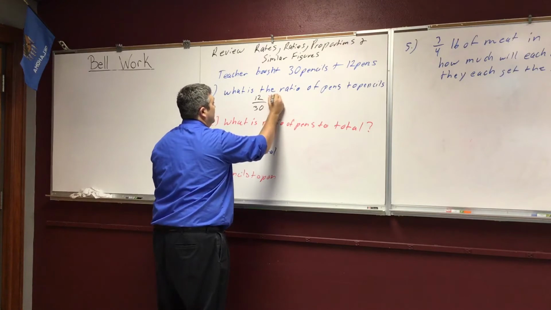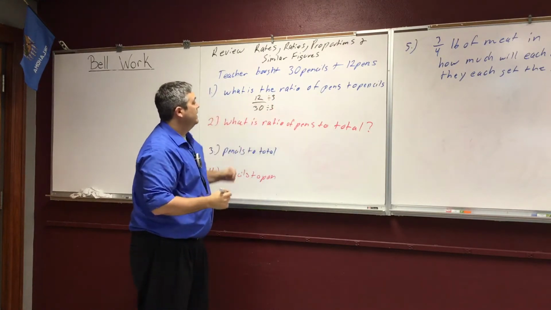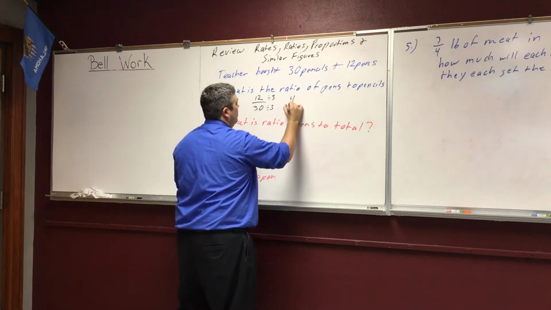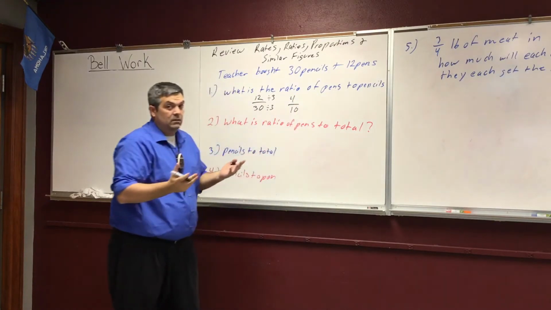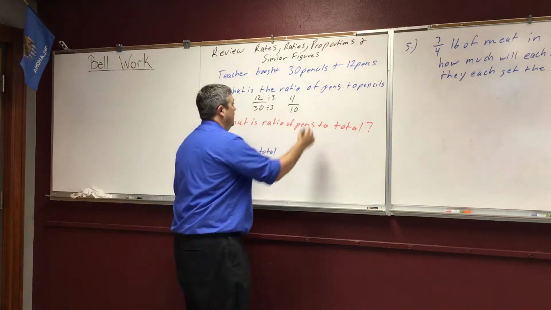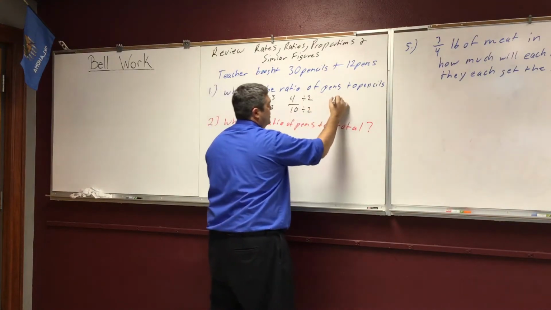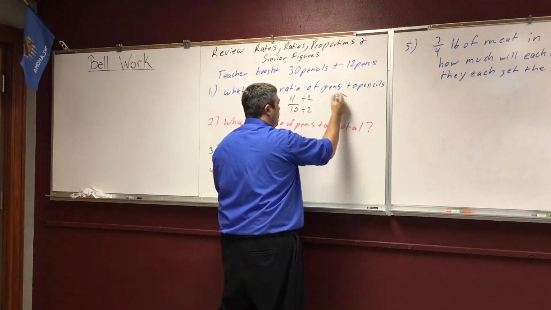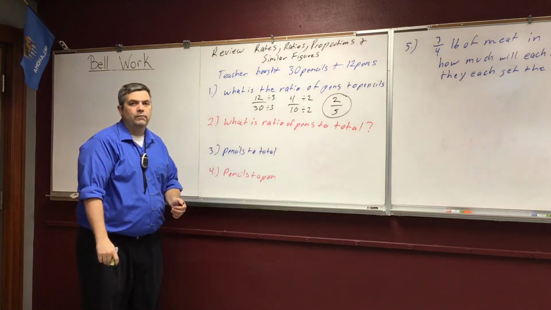You can divide by 3, divide by 3. 12 divided by 3 gets you 4. 30 divided by 3 gets you 10. But check it, because it may not be completely reduced. That reduces again. Divide by 2, divide by 2, 2 over 5. Right here is your ratio, 2 over 5.